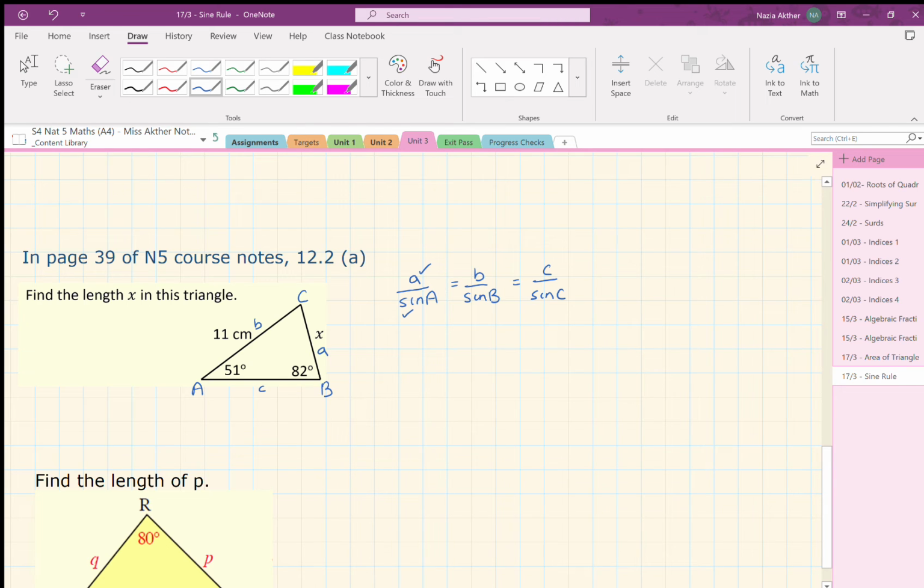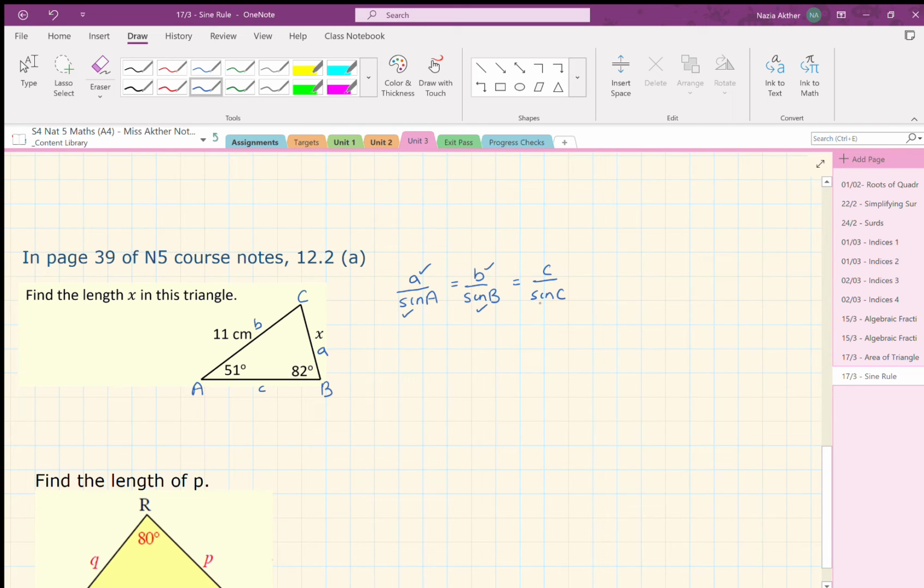Then look at b over sine B. We are given the length of b, which is 11 centimeters, so we can tick this letter. We also know angle B, which is 82 degrees, so we can work out what sine B is, so we tick sine B. We don't know c, and we're not asked to work this out either, so we don't put a tick next to it.